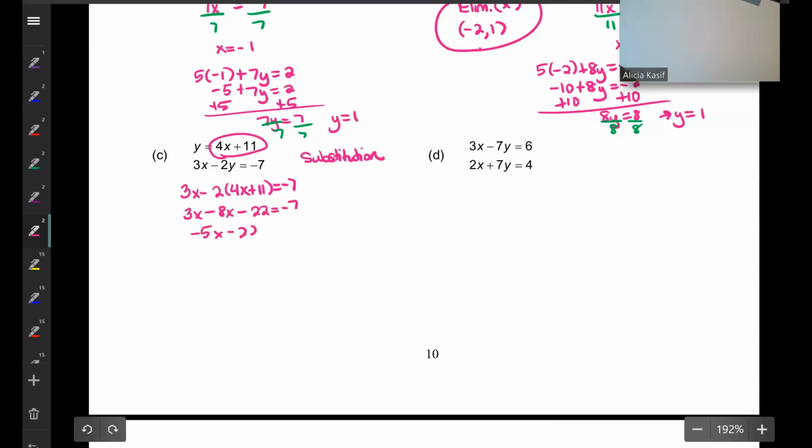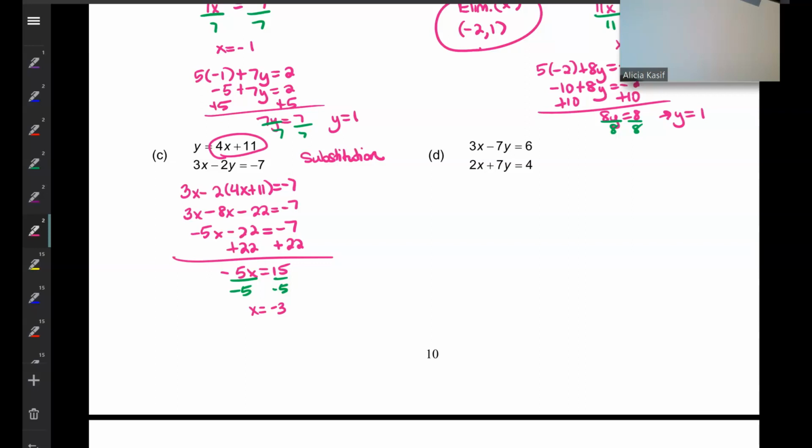Make sure to combine like terms and then just go ahead and solve. So I get x equals -3. And then for y, I'm going to substitute that back in. So I get -3, -1.